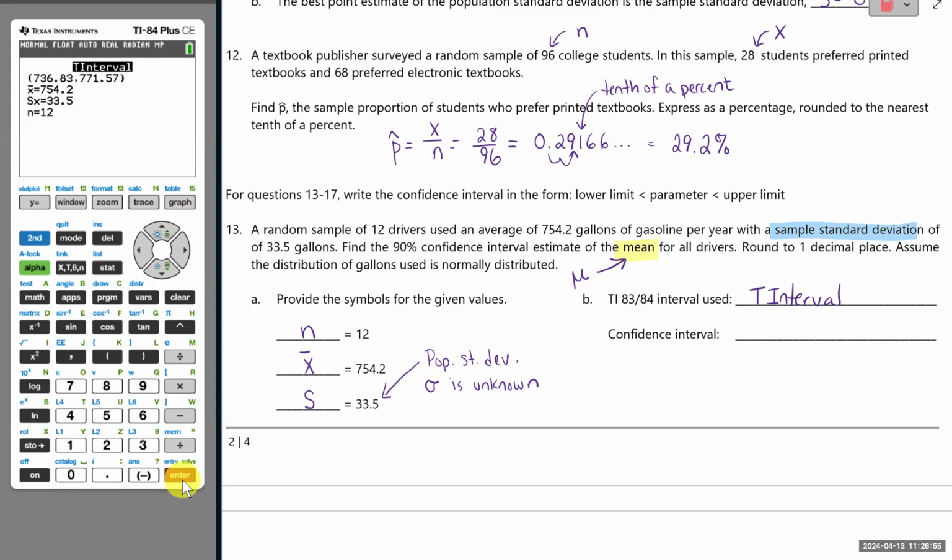All right, and it's saying to round to 1 decimal place. So my lower limit there, 736.8. And then we're writing our confidence intervals in this form. So the parameter we're estimating is mu, the population mean, and then the upper limit, 771.6.